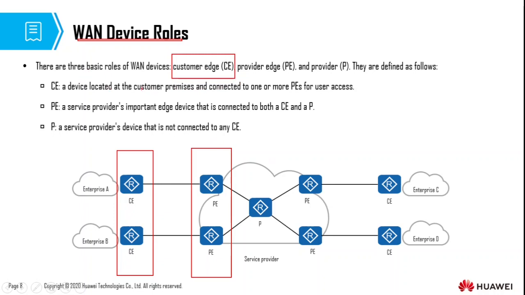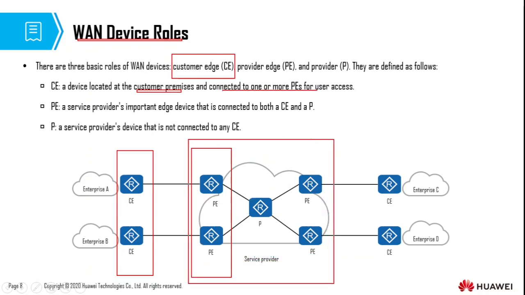They are located at the customer premise and connected to one or more PEs. When you're talking about the PE, this entire network here is the network of the ISP. Within the ISP, we have two types of routers or devices. The first set of routers are called PEs, these ones here.